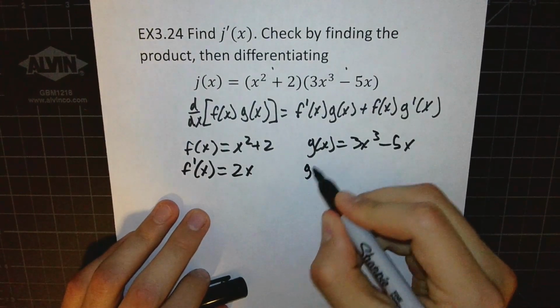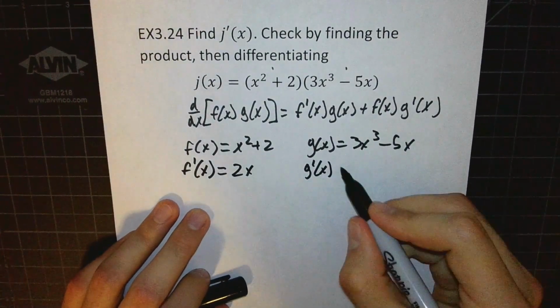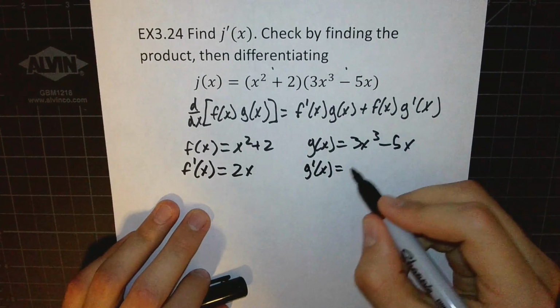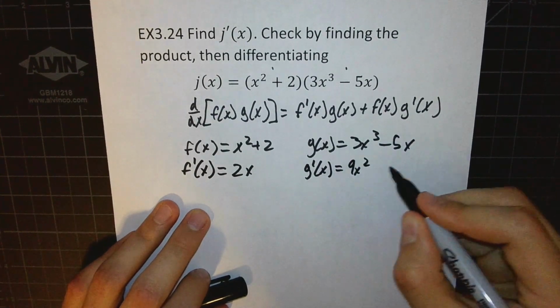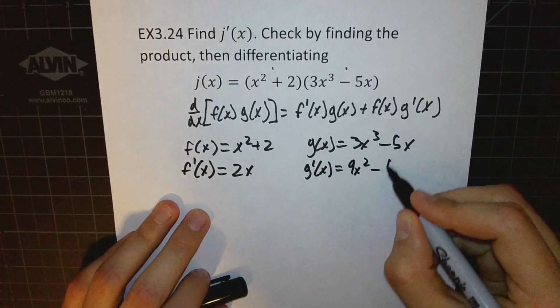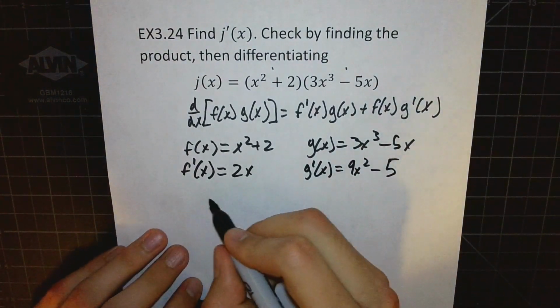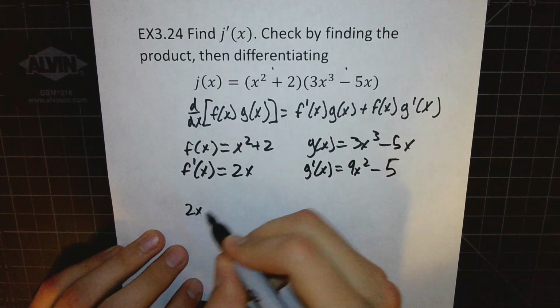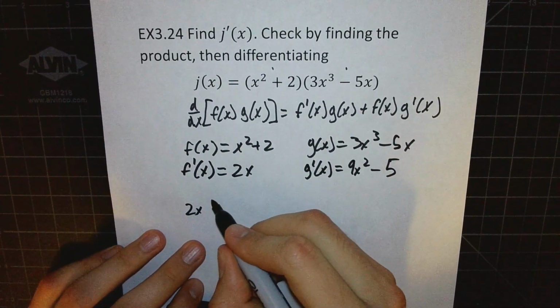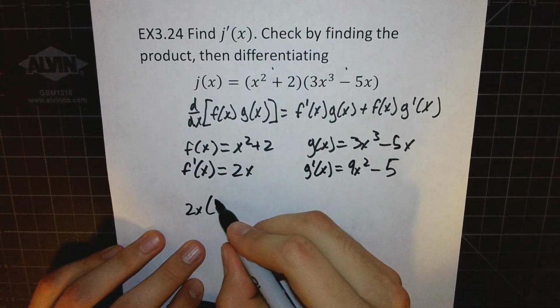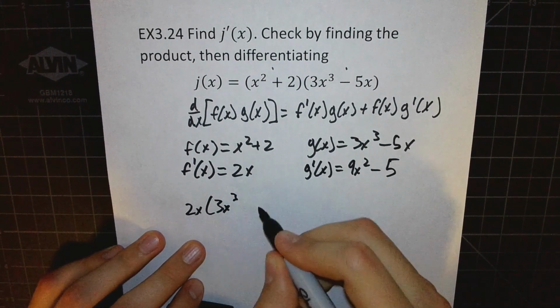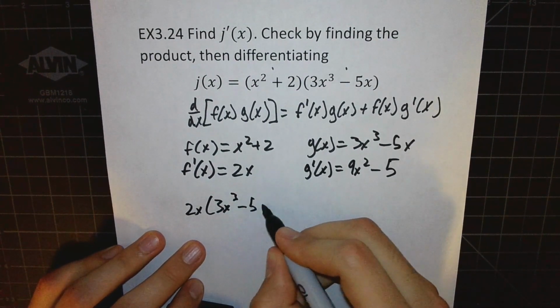And then g prime of x is 9x squared minus 5. And then we can write this all out, so we'll have our f prime of x, 2x, times our g of x, 3x cubed minus 5x.